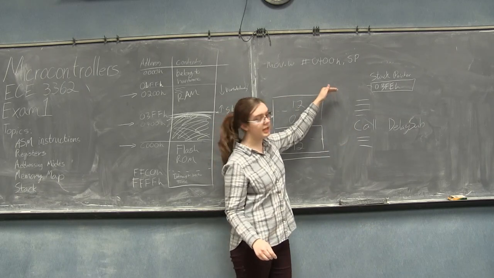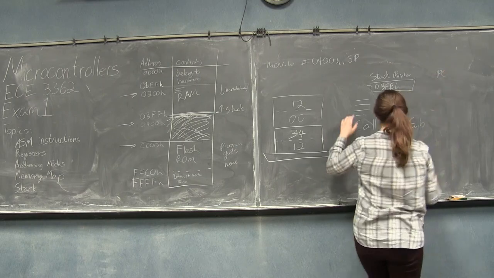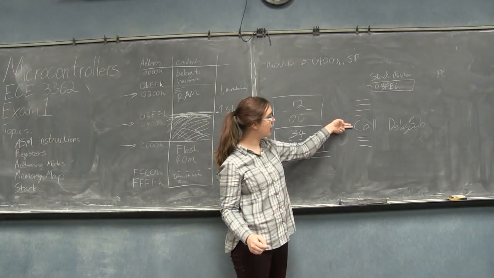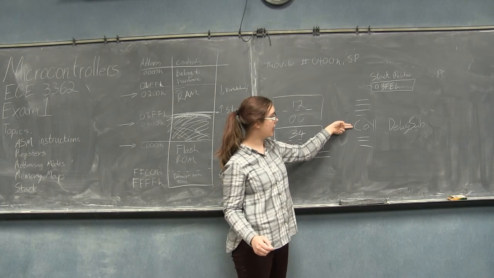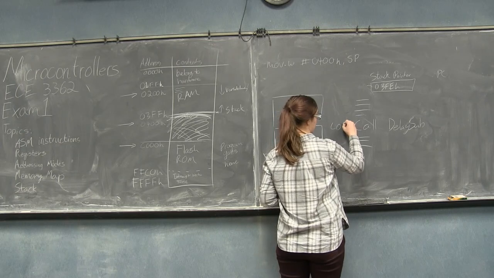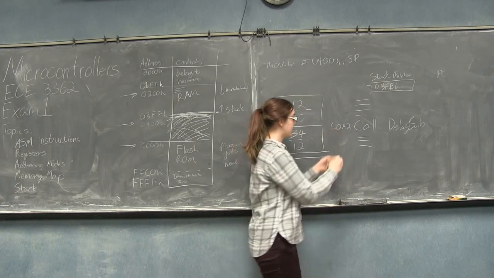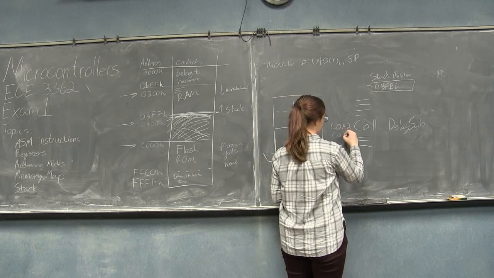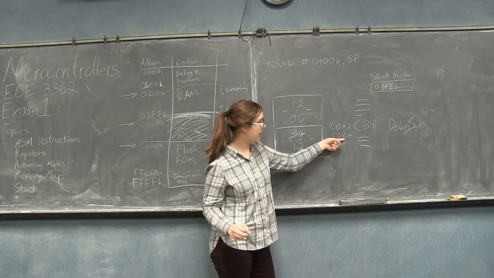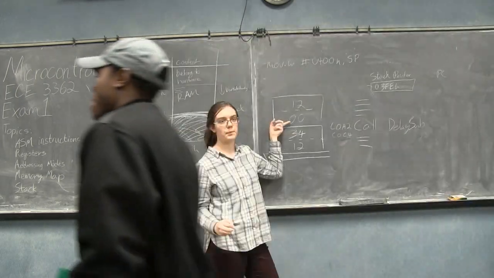The program counter is a thing that keeps track of which line you're on, and when you reach a call, you save the next address. So if this was on line C0A2 and the next one had C0 or some other address, then it would save this next one onto the stack.